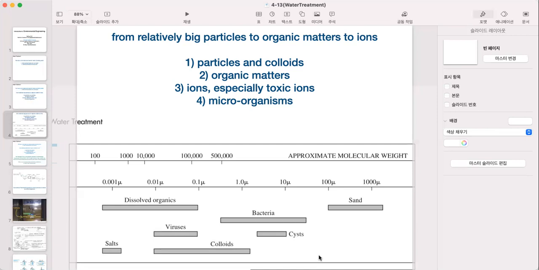How about the fine particle, 미세먼지? The size of our fine particle from China, from domestic sources. What's the average size of the fine particle, 미세먼지? 0.1?